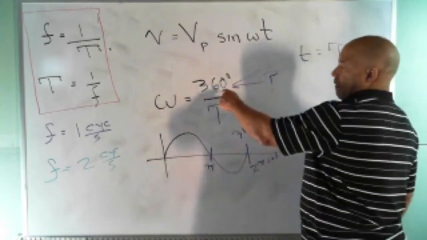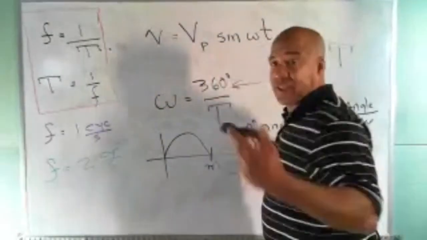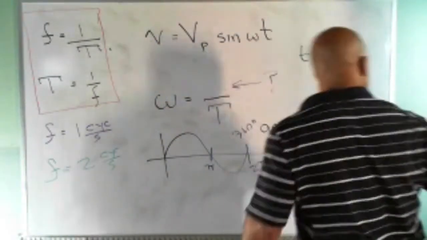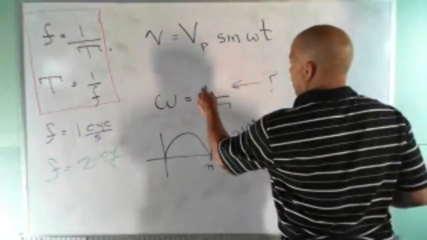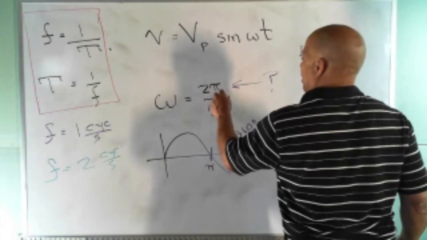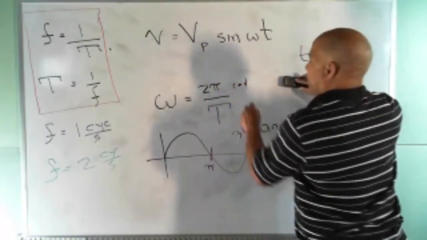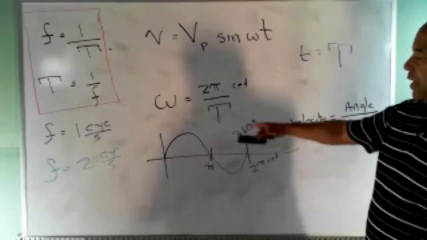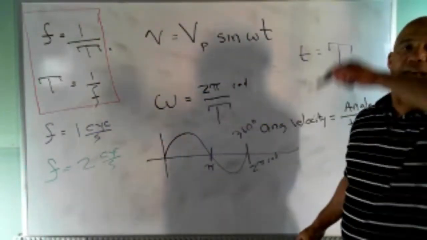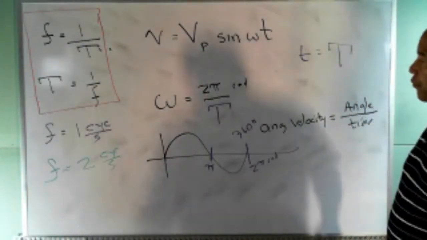So if this is the period, then this angular distance has to be 360 degrees or 2 pi radians. If I tell you that that's the period, then the angular distance has to be 2 pi. That's the circumference of the circle, or the distance around the circle.